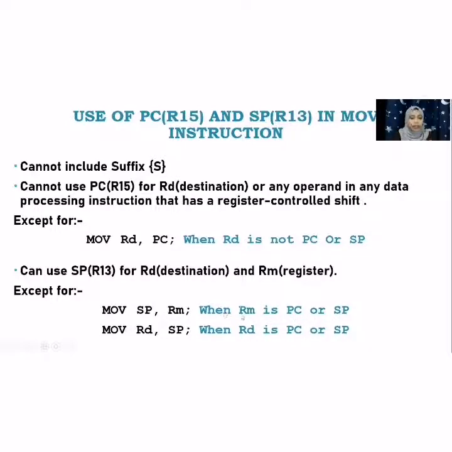When RM is PC or SP, it's gonna generate error. So this is the restriction for using SP. If we use SP as RM, the RD cannot be PC or SP.